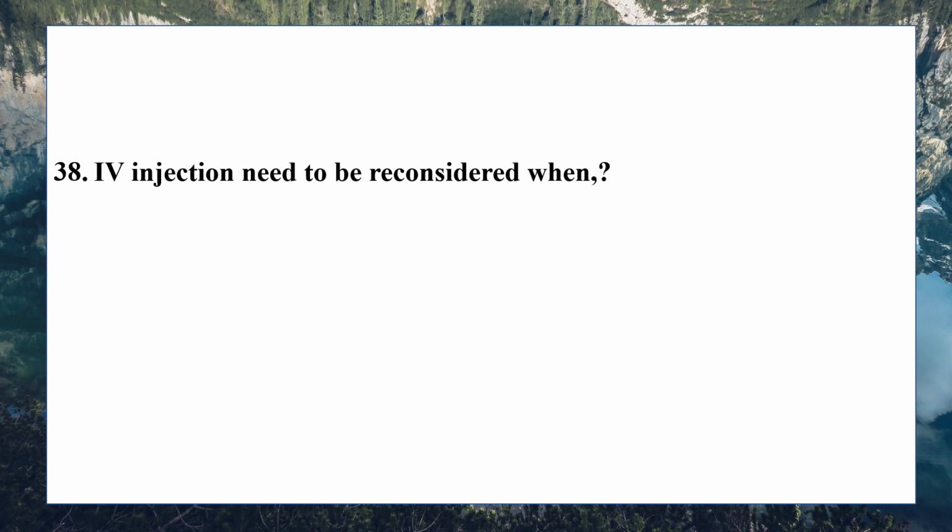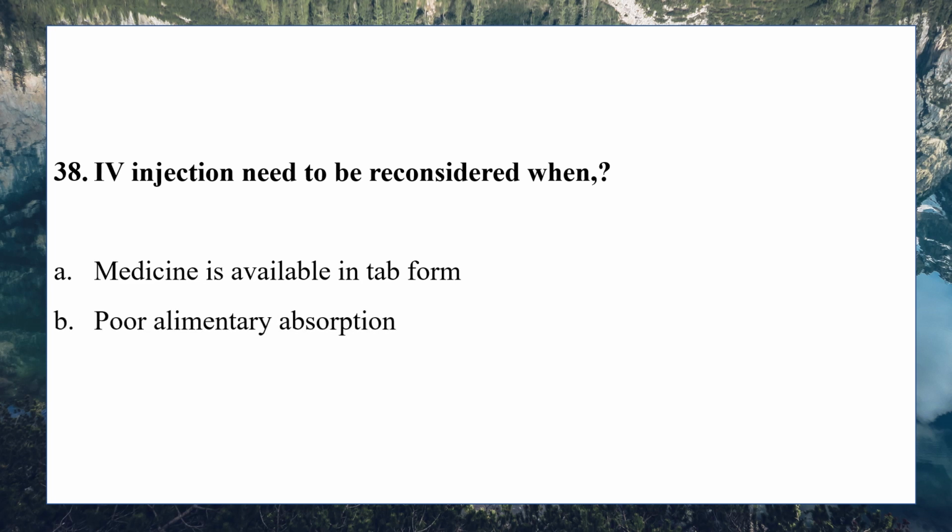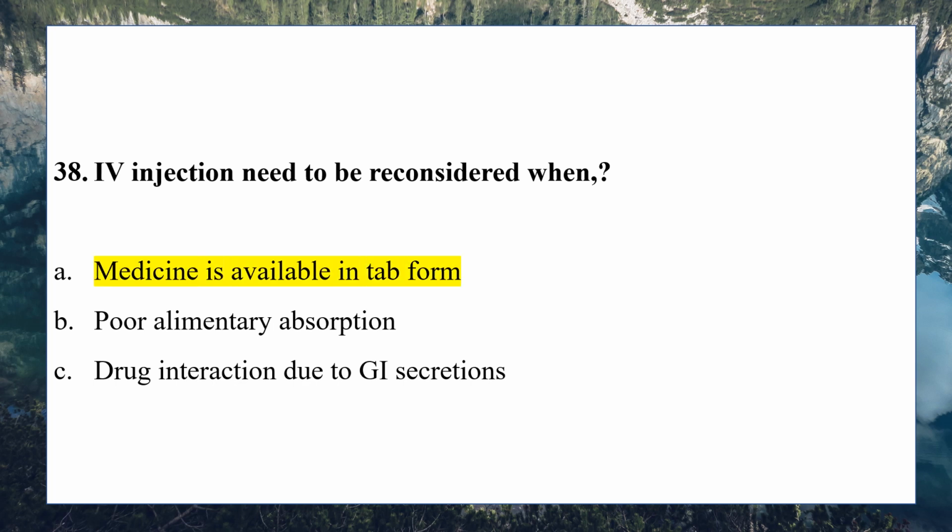IV injection needs to be reconsidered when: Option A. Medicine is available in tablet form. Option B. Poor alimentary absorption. Option C. Drug interaction due to GI secretion. Answer is A. Medicine is available in tablet form.